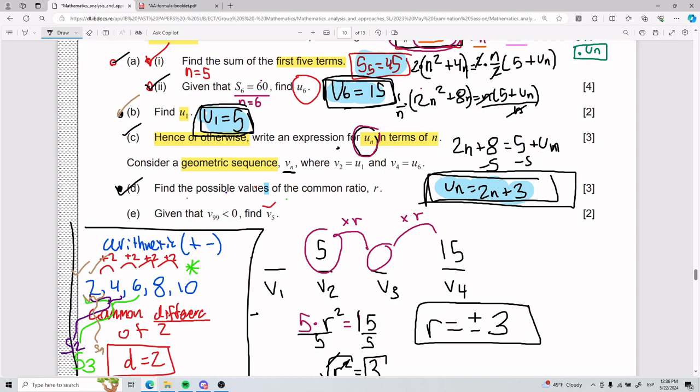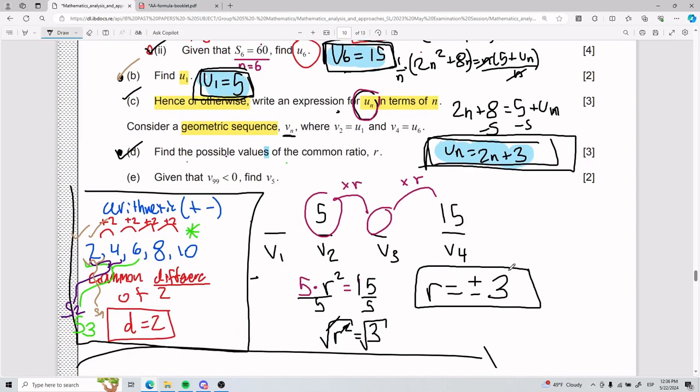And so now for E, they tell you that given that v of 99 is negative, find v5. All right, and so this is a little bit of a curveball, you guys. Here is something we need to understand.